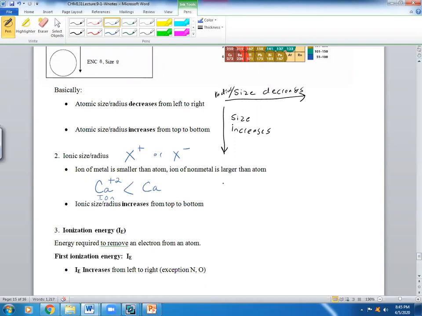But if you have something like S2-, it is actually bigger than S. As you gain more electrons, those are going to repel each other, so they're going to move out. So this is what we mean by that. Ionic radius increases from top to bottom, so we still continue with the same thing. Size of ion still increases.